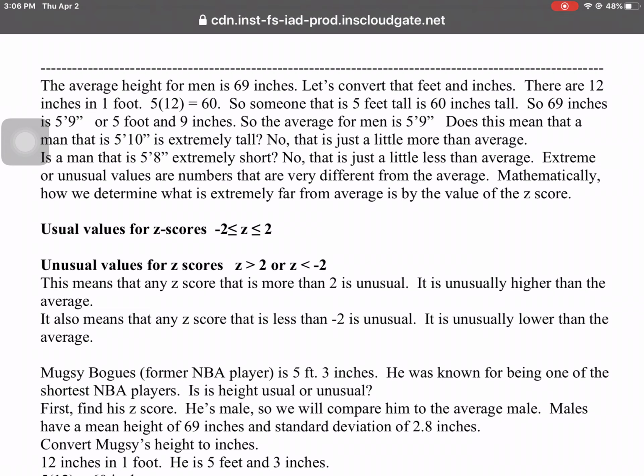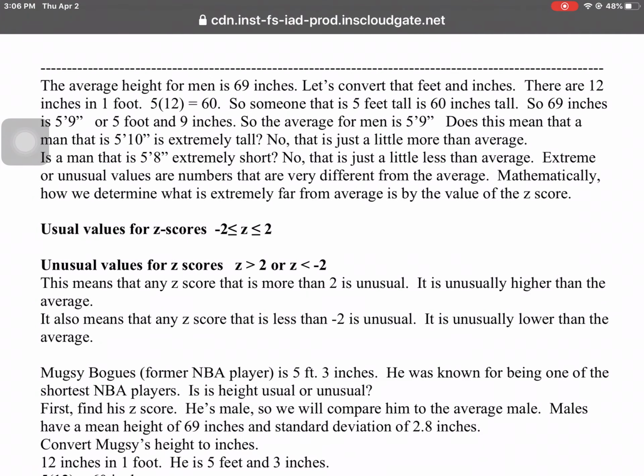Things that are considered usual for a Z-score is if it's between -2 and +2. Unusual values are things that do not fall in that range. So if Z is bigger than 2 or less than -2. Any Z-score that's more than 2 is unusual, or anything that's less than -2 is also unusual.